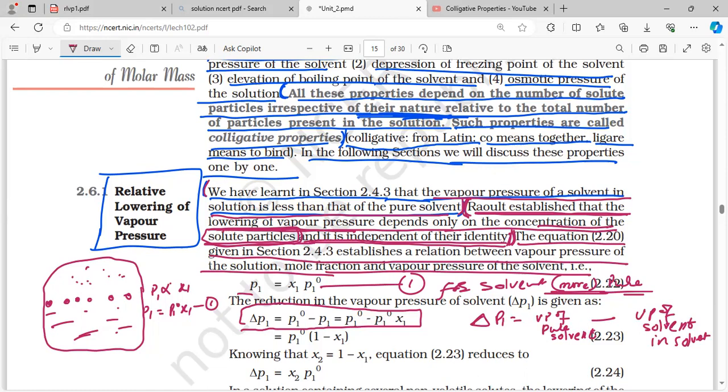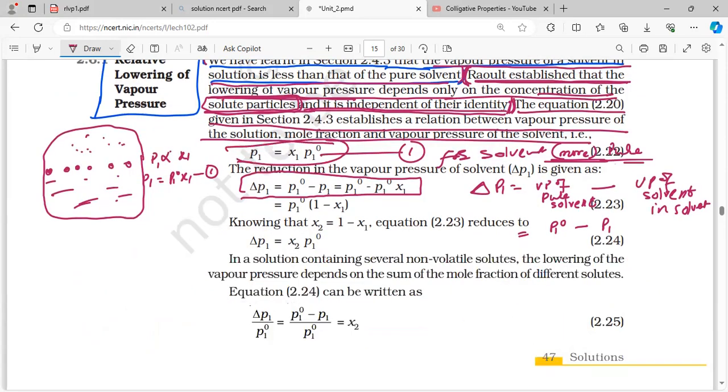So for pure solvent we can write P1 naught, minus P1. Delta P1 is P1 naught as it is, minus P1 naught X1. Can we write like that?